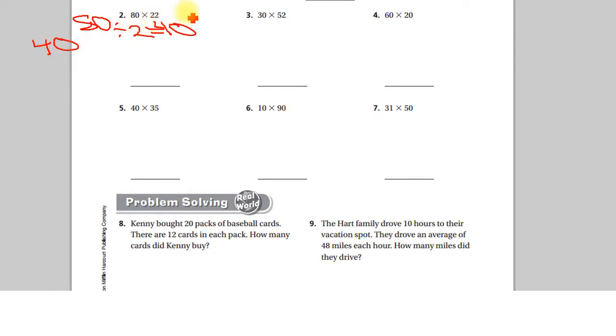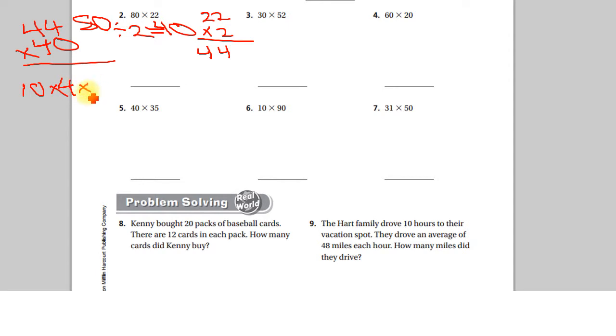And then I have to double the 22. So to double, I have to multiply times 2. It's going to be 44. Okay. So I have 44 now times 40. Now if I want, I can also pull out a 10 here, because 40 can be done as 10 times 4 as well.